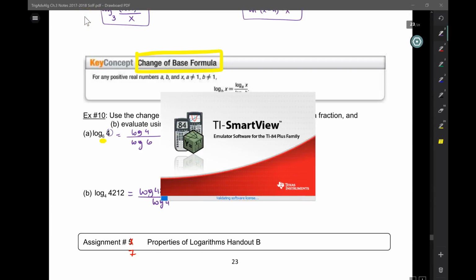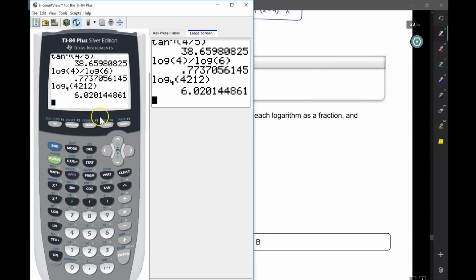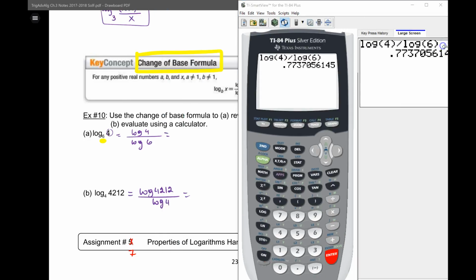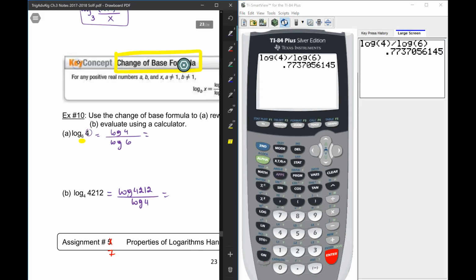So you just do log of 4 divided by log 6, just like this. It's always 3 decimal places. 0.774. And what was the next one?